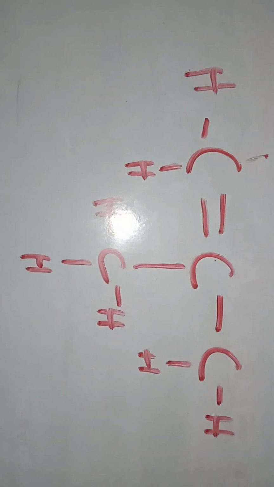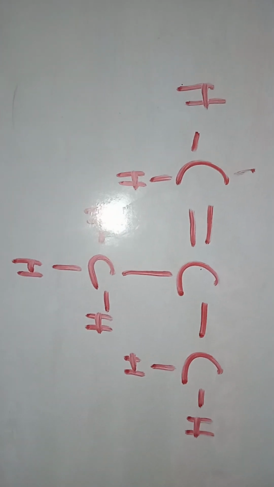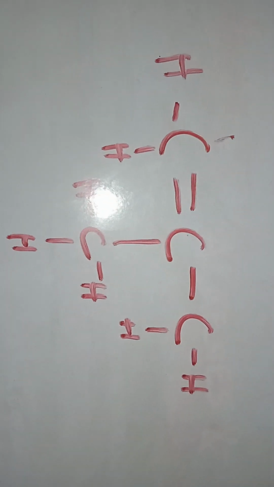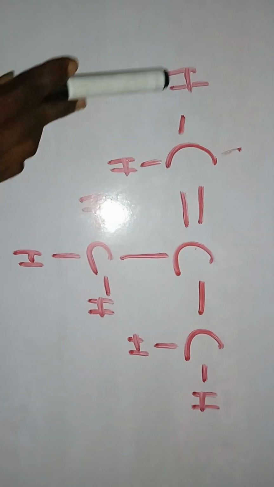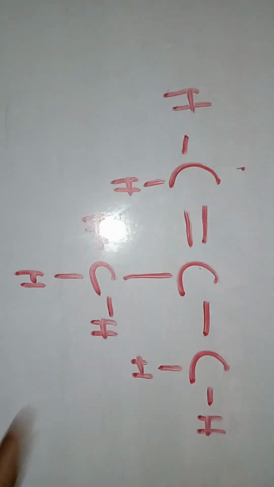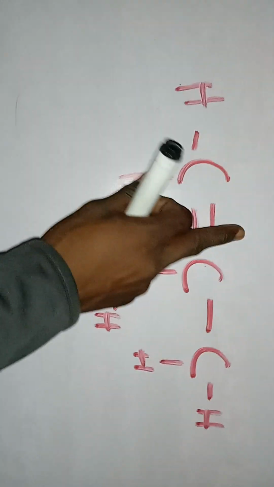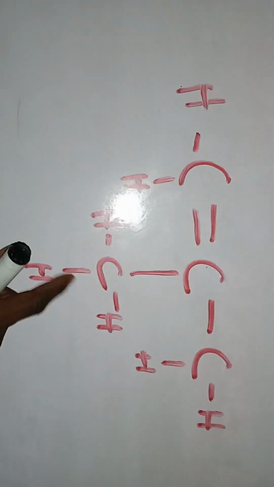Let's go over this and see if it's balanced. This is 1, 2, 3, 4. That means this carbon is balanced. 1, 2, 3, 4. This carbon is balanced. 1, 2, 3, 4.